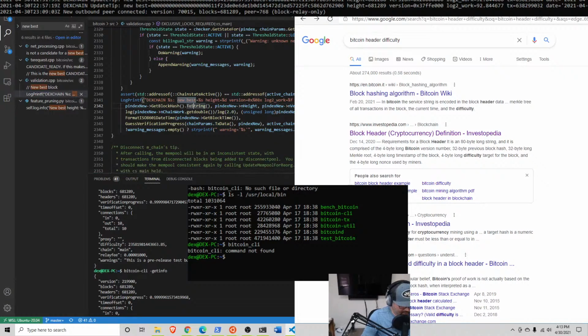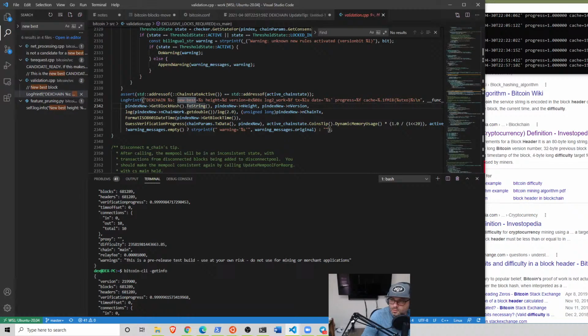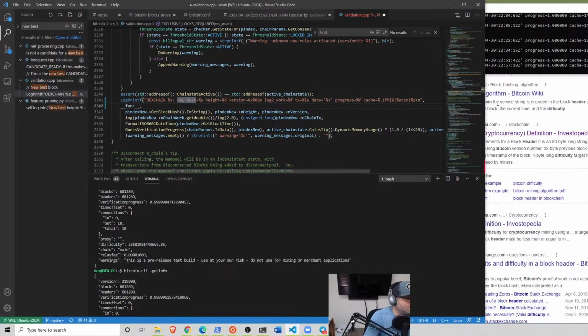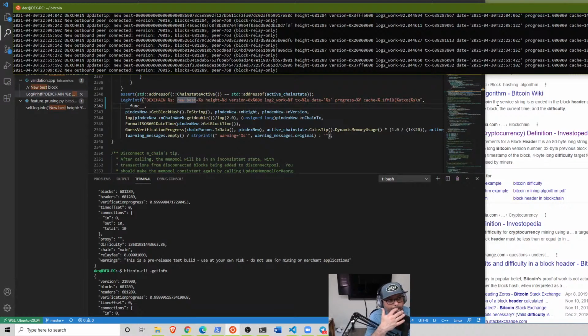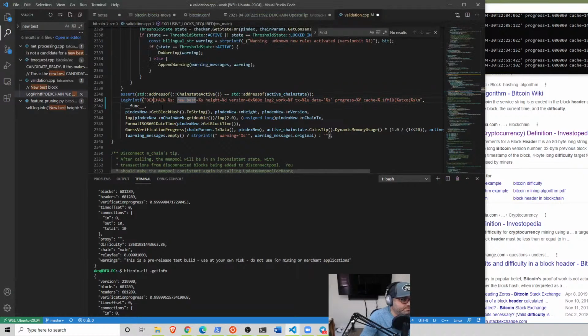Sorry. New best equals. Anyway, okay. New best. Height equals. Index chain update tip. Okay, so it's the block hash. All right.